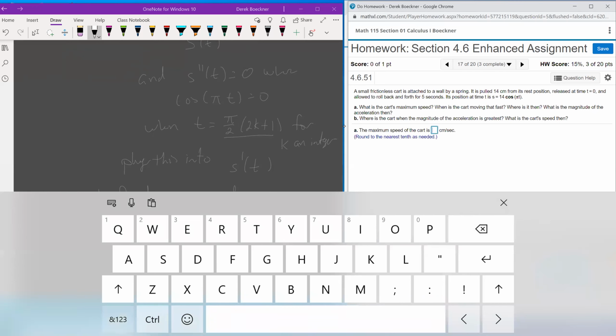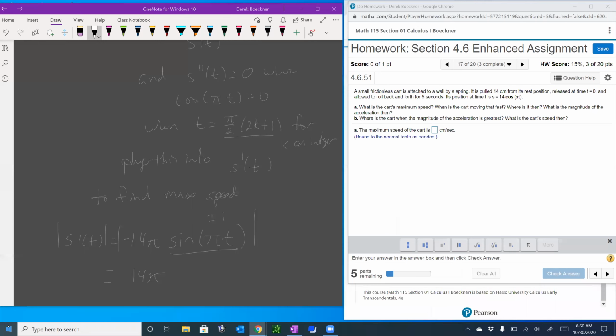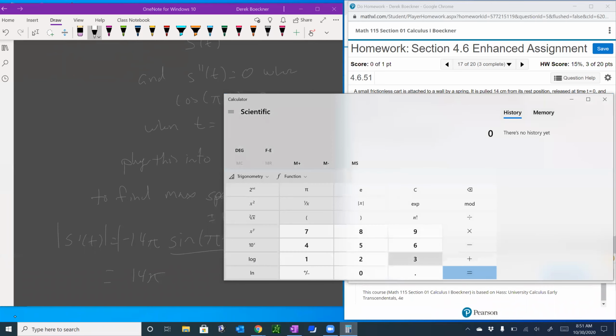Nearest tenth. Calculator. Nearest tenth is just going to be 44.